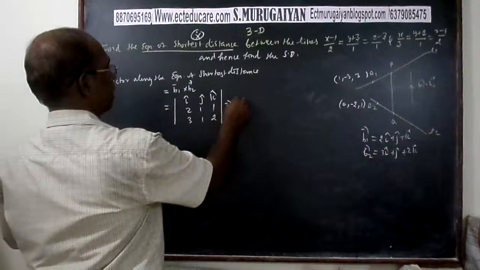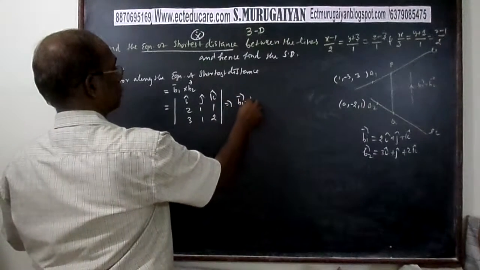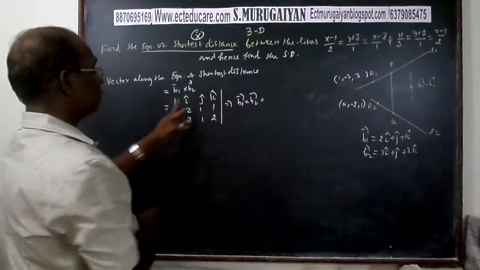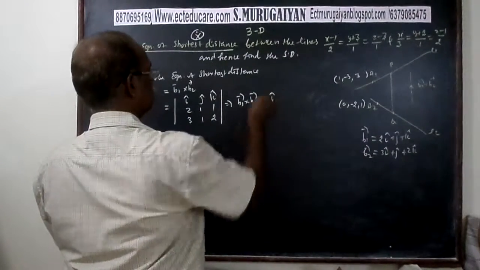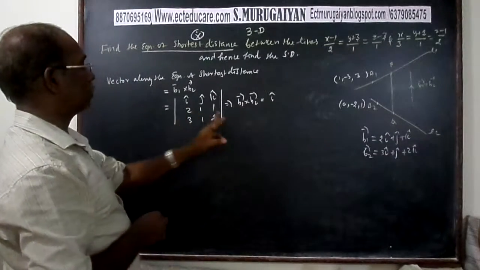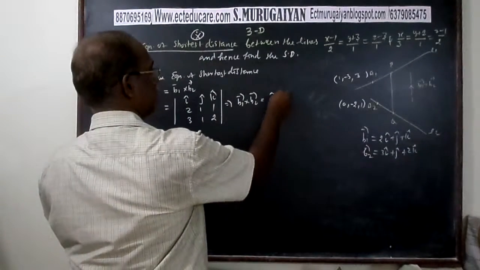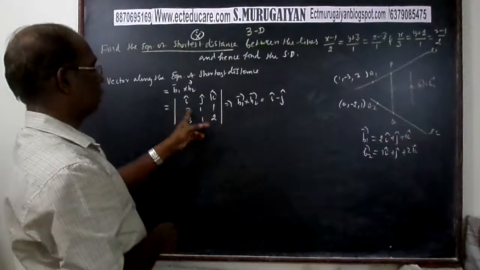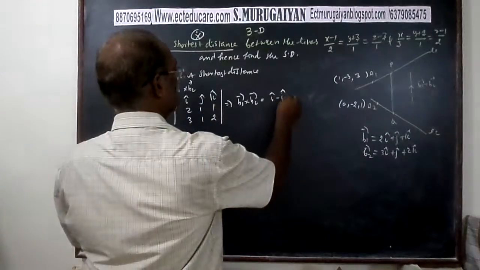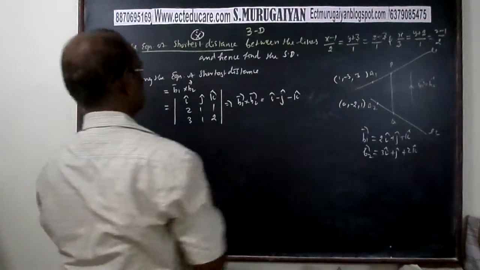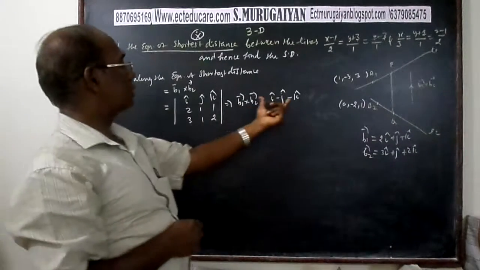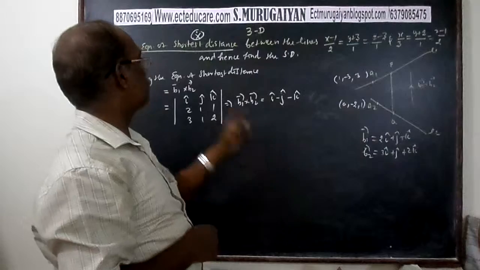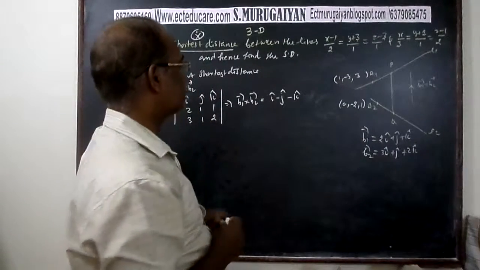After expansion, B1 vector cross B2 vector is (2 minus 1) i, minus (4 minus 3) j, and (2 minus 3) k. Okay, this is B1 cross B2. This is a vector parallel to the equation of shortest distance.